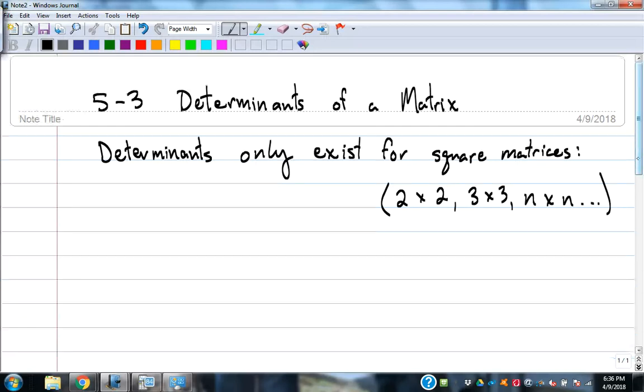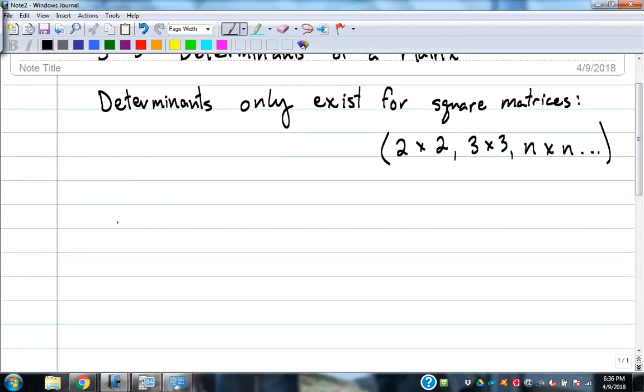A 2 by 2 matrix. To evaluate the determinant, one way it's written is using DET as the abbreviation, and then they'll put the matrix beside it: A, B, C, D. We'll use letters here to start off with.